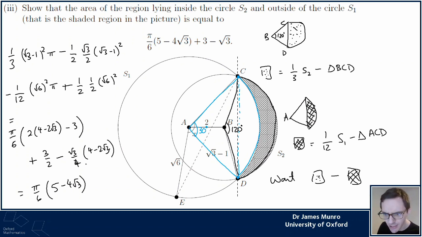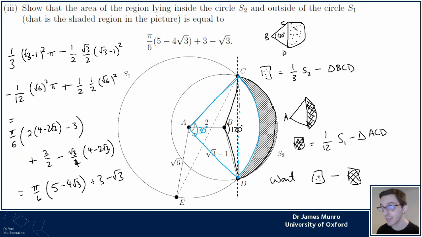And these other terms, I'm a little bit worried about this 3/2. That's not 3 at all. But I suppose I'm going to add on 2/4, which is another half of √3. Another half of a 3. So this is 3/2 plus 3/2, just about. And then √3/4 times 4 is √3. So I do get this expression, finally.